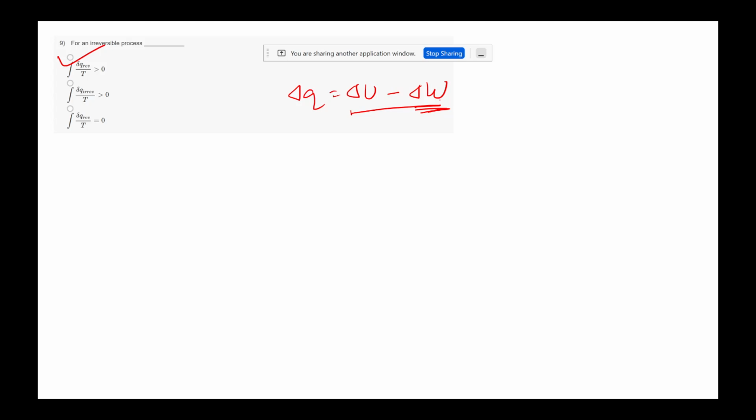If the difference is larger from the irreversible path to go to the same thing, that should be greater than 0.